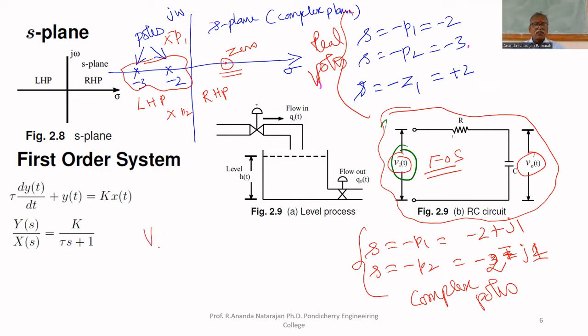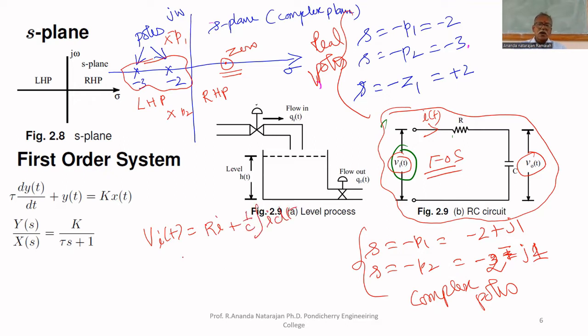The applied voltage is Vi of t. Let us assume the current through this circuit is I of t. Therefore, Vi of t equals R i plus 1 by C integral of i dt.